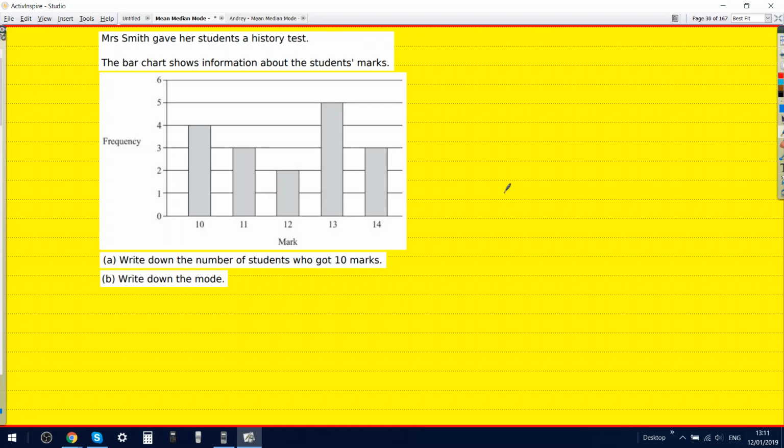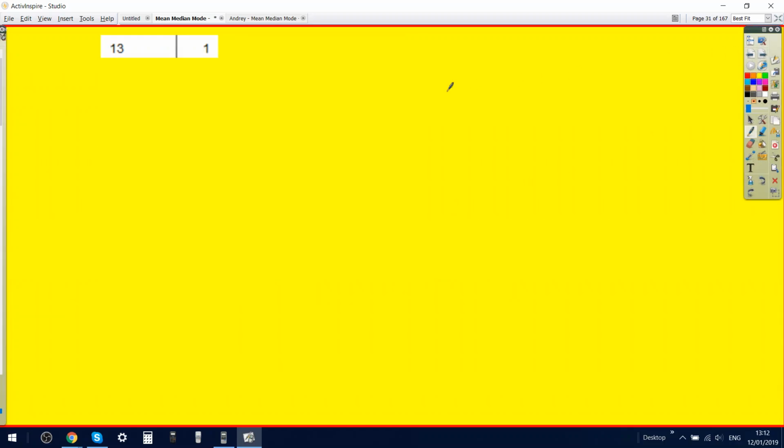Write down the number of students who got 10 marks. 4. Mode? And the mode is 5. The mode is never the frequency. Oh yeah, sorry. 14. 13. Yes, 13 marks. That's it.